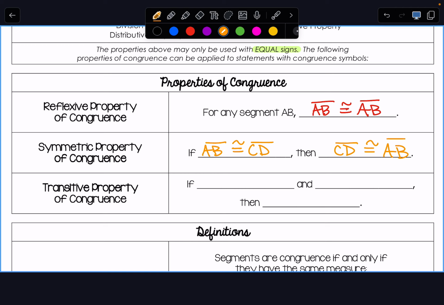And we have the transitive property. All right, so AB congruent to CD, CD congruent to EF, then we can say AB is congruent to EF. Okay, so those three properties, we have them for equality and we have them for congruence.